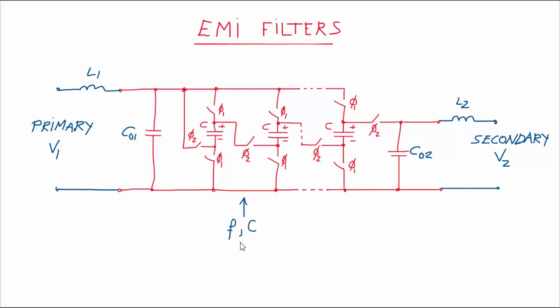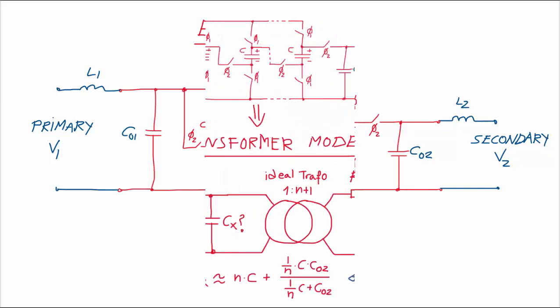Here we select the values of the switching frequency, F, and the switch capacitance, C, and we don't have to do anything else. This is going to operate like a real voltage transformer. We can apply voltage at the primary and the load at the secondary, or voltage at the secondary and the load at the primary, and so on.